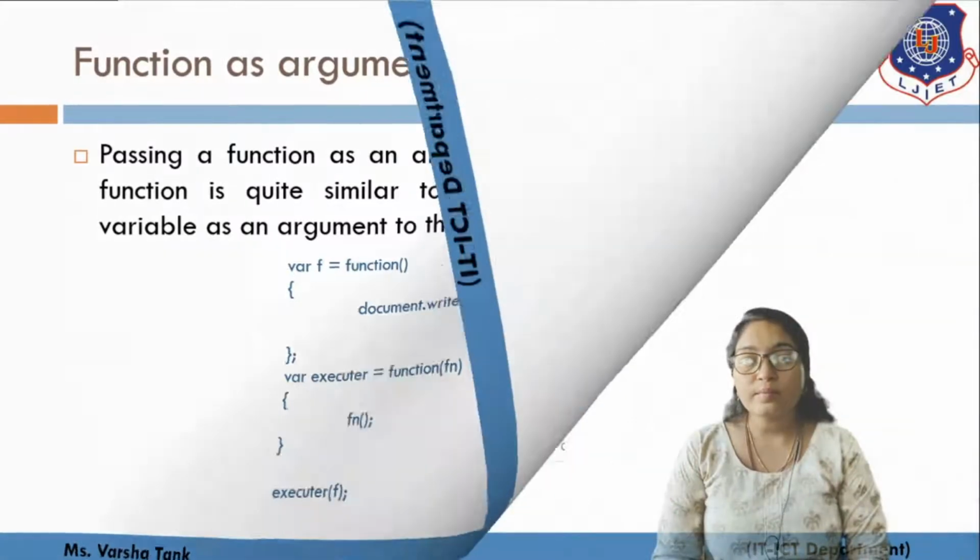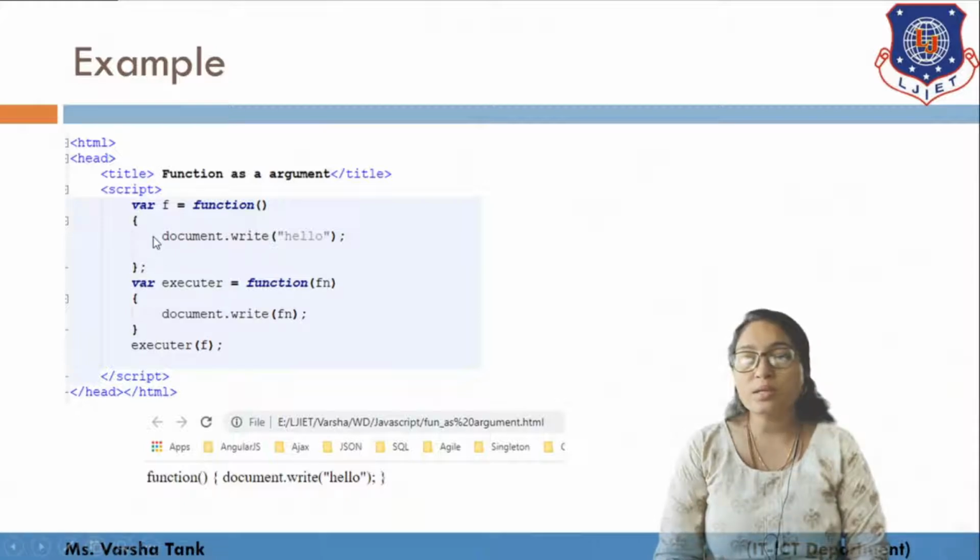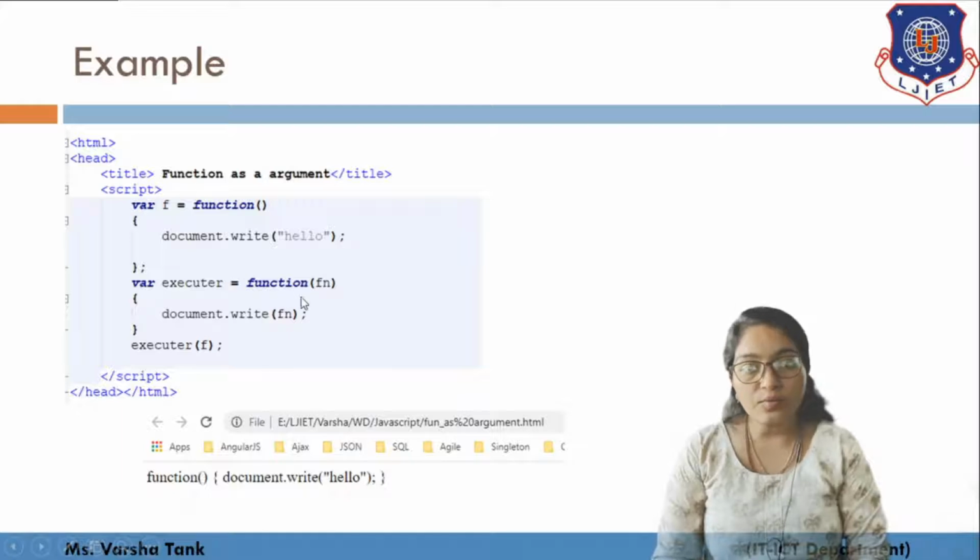Now let's see the next example. In the last slide we saw the example, and the same example is written here, but in this executor function I write document.write and in brackets just fn. So what will happen? It will print directly whatever is written in f.